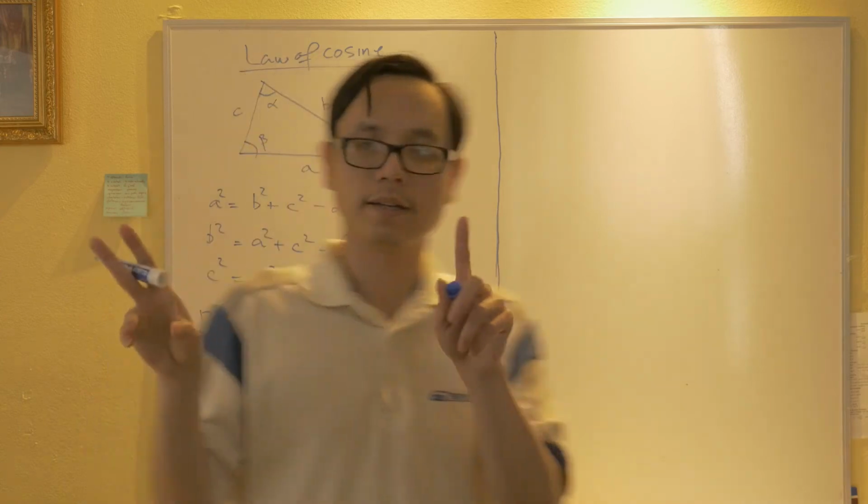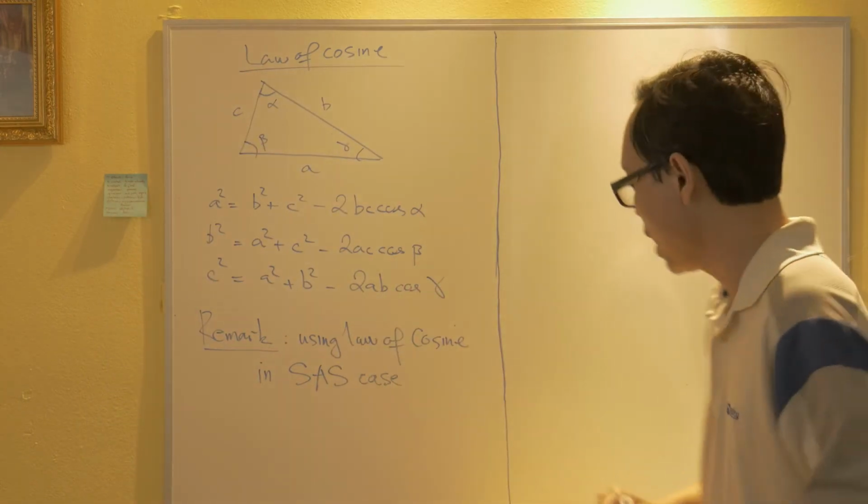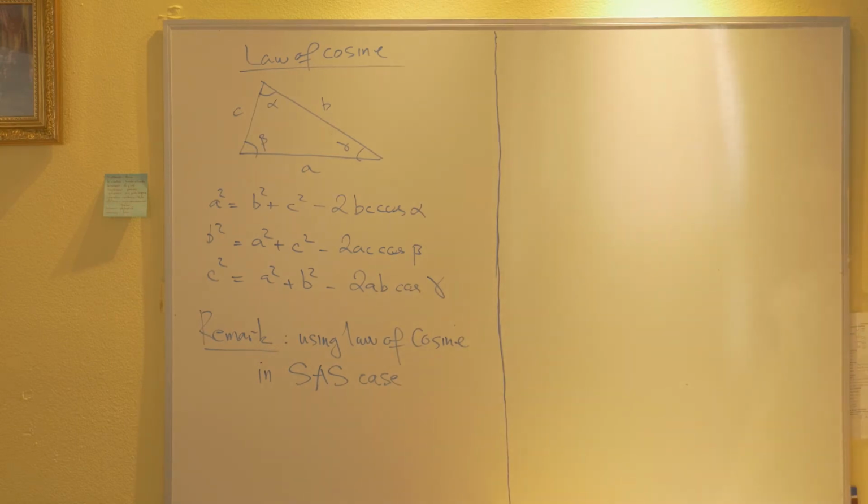I mean you have two sides and you have an angle in between, then you can do the law of cosines.